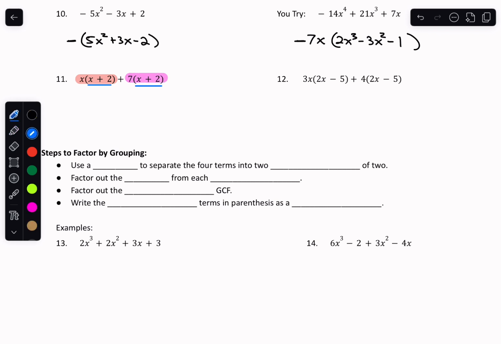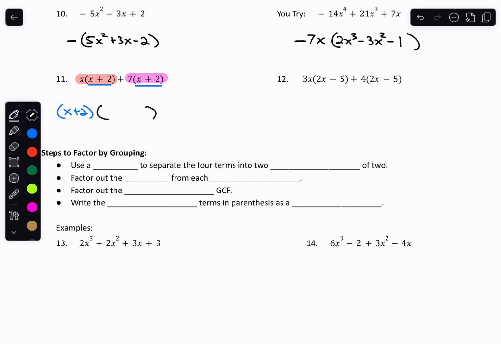I'm going to follow the exact same steps as before, where I write parentheses with enough space for two terms inside. But then what I put in front is the biggest thing that divides both of them, which is the whole thing, x plus 2. So I put the x plus 2 in front, and then I divide each of the highlighted terms by x plus 2.